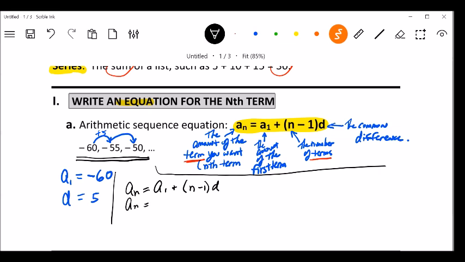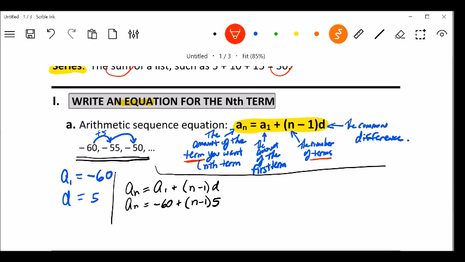So here an equals -60 plus n minus 1 times 5. However, that's not acceptable because it's like leaving a fraction not simplified. So like 2/4 would not be an acceptable answer, whereas that would have to be reduced to 1/2. Then it would be acceptable.